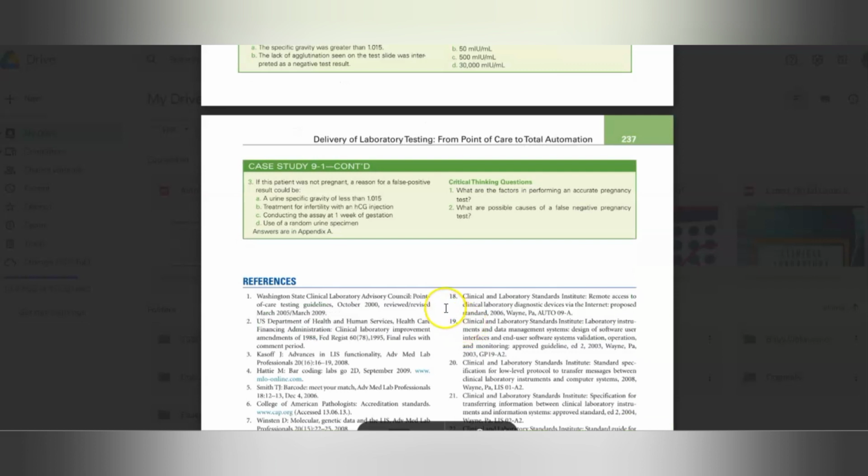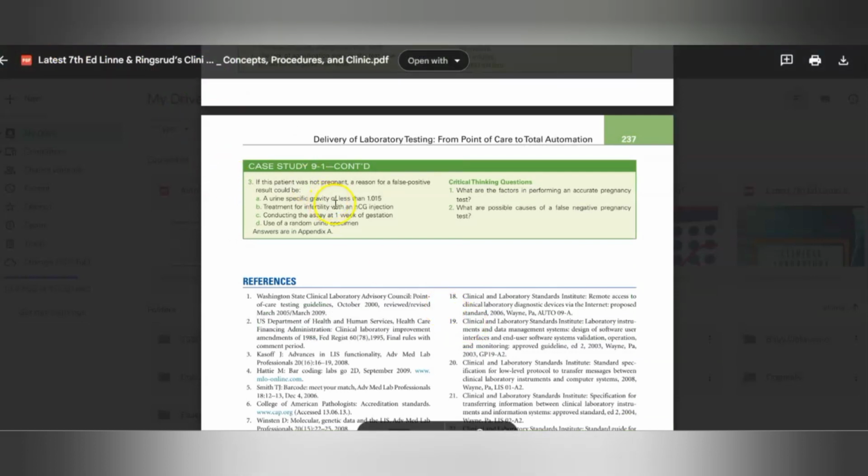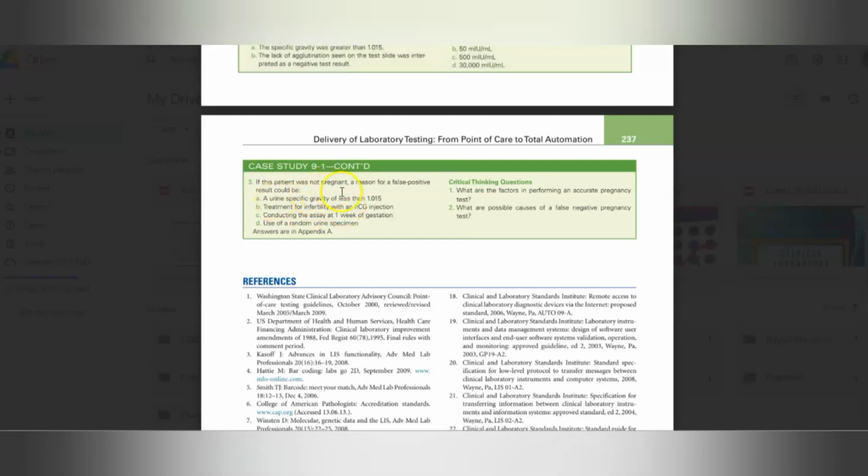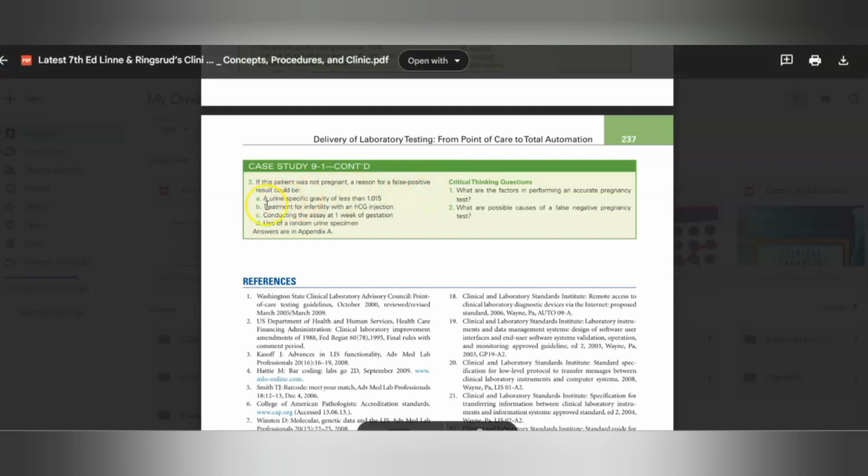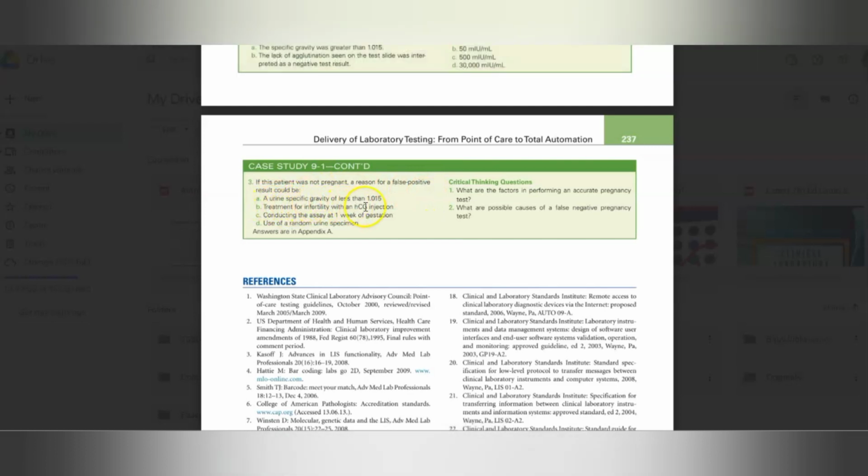And then when we go to the third question, if this patient was not pregnant, a reason for a false positive could be A, a urine specific gravity of less than 1.015, B, treatment for infertility with an HCG injection, C, conducting the assay at 1 week of gestation, D, use of a random urine specimen.